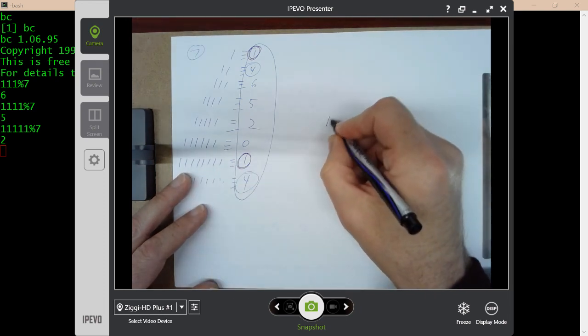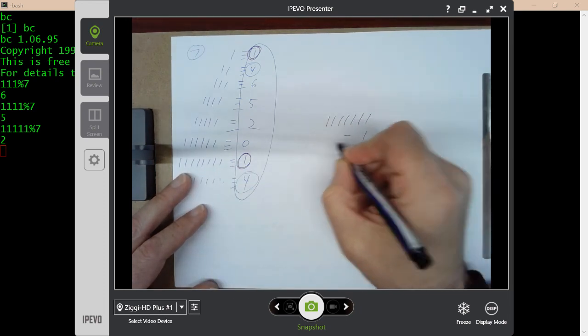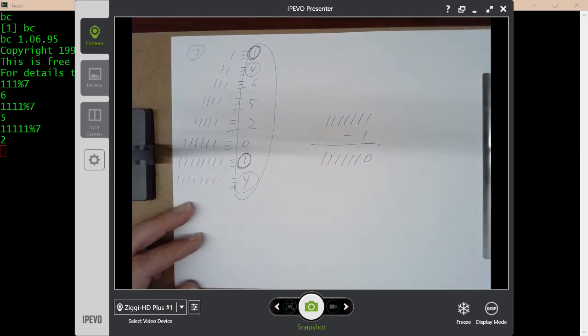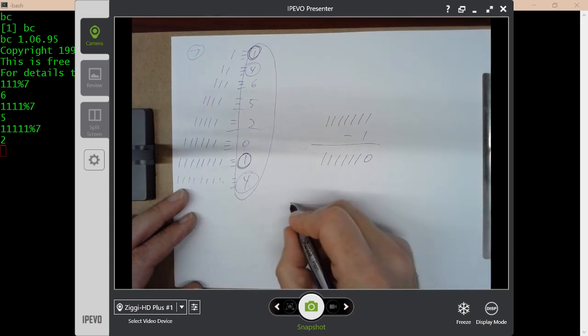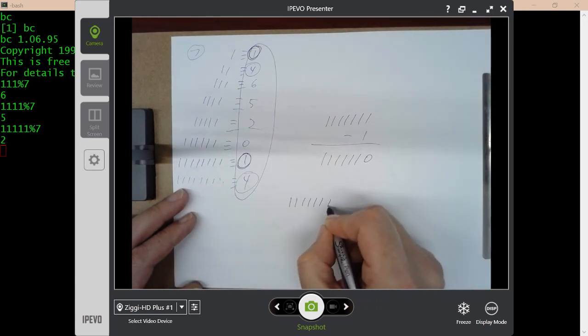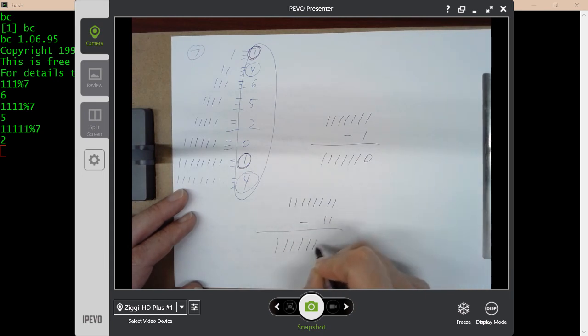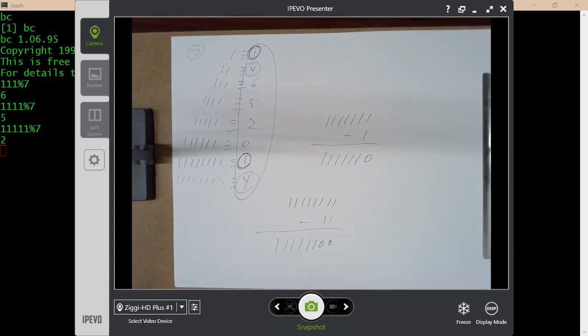So this is, right, 1, 1, 1, 1, 1, 1, 0 should be congruent to 0 mod 7. And this 8th one minus the 2nd one, that should also be congruent to 0 mod 7.